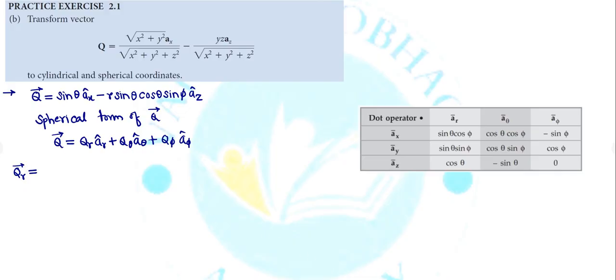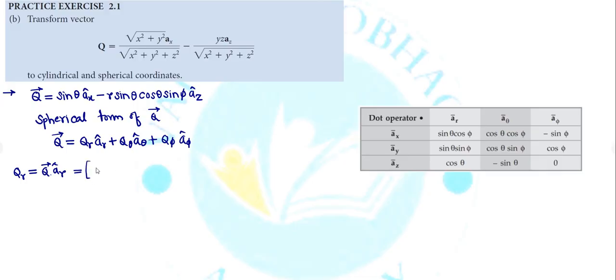So this Q r will be equal to your given vector Q having some component along the r direction. That will be like this: given vector Q having the dot product with a r. So what is that vector Q?